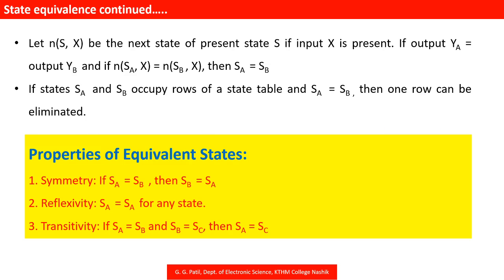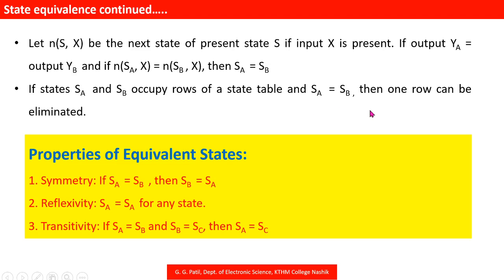Meaning, if these states occupy two rows in the state table and they are equivalent, they are redundant, so one row in the state table is eliminated because there is no need to keep both rows.